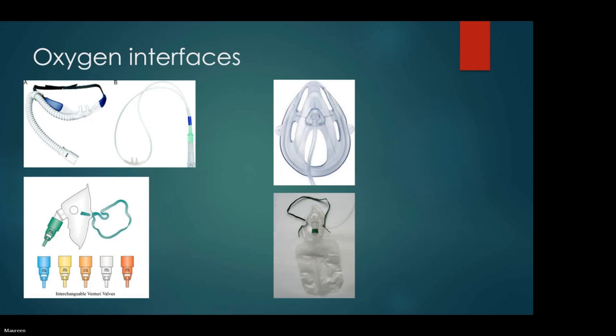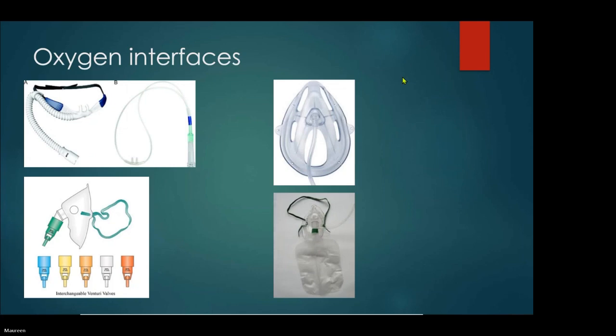So the nasal cannula basically is designed primarily to deliver low and medium dose oxygen concentrations. It is influenced by a patient's breathing pattern and rate of depth of breath, and that can affect the amount of oxygen being delivered to an individual. So we talk about tidal volumes, that's the amount you breathe in and out in one breath, and minute ventilation, that's the amount you breathe in a minute.